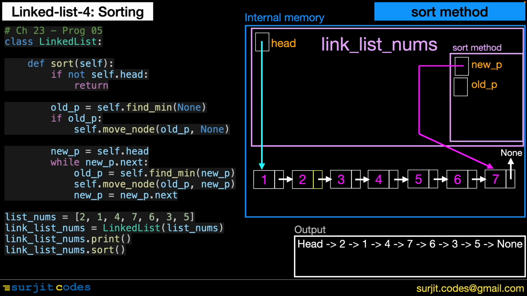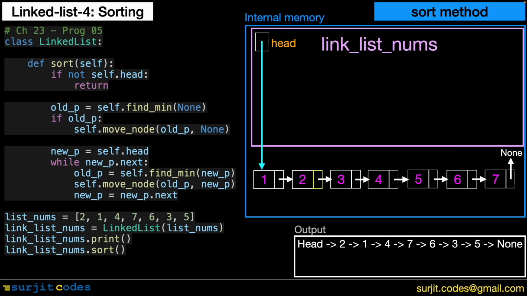The next attribute of the new parent has now become none, so the loop terminates and the sort method ends. Print confirms that the sorting is complete.